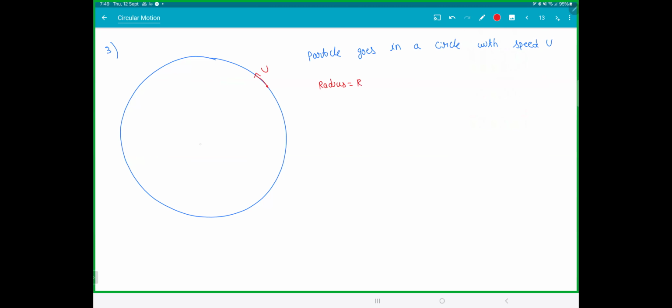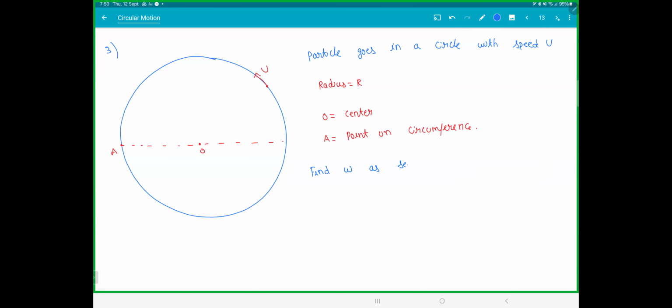Radius is r. This is O, the center. This is A, a point on the circumference. This is a standard question, it came in the exam before. Find omega of this particle as seen by O and as seen by A.